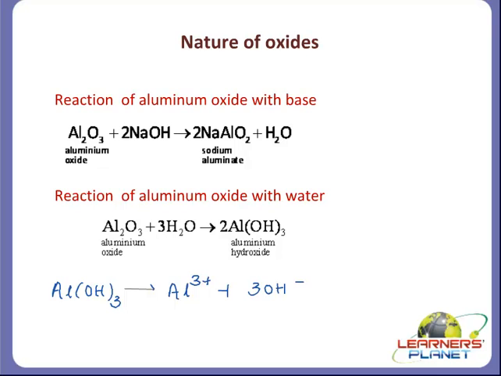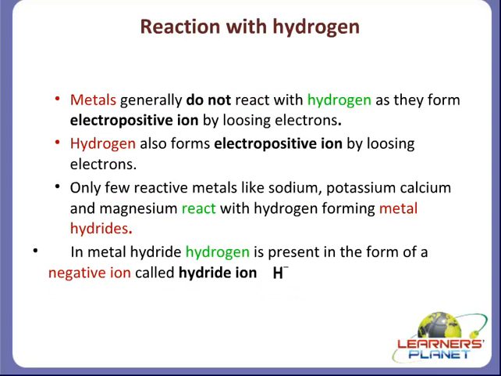Now let's move to its other properties, that is, the reaction with hydrogen. Metals generally do not react with hydrogen as they form electropositive ions by losing electrons. That is not the criteria.